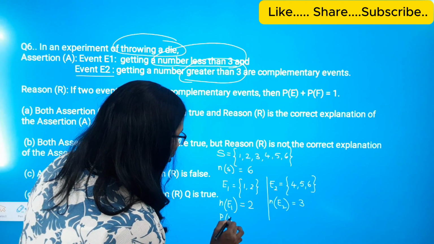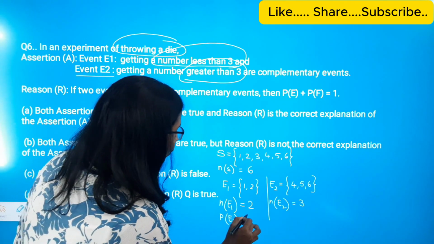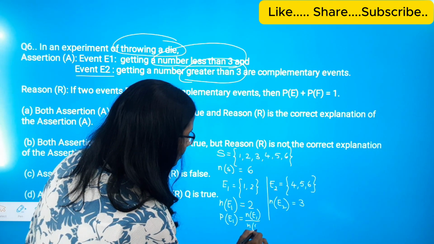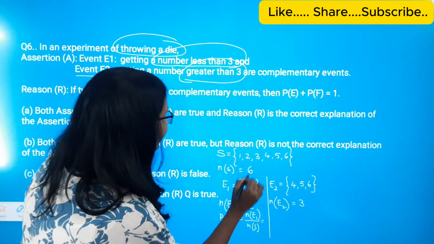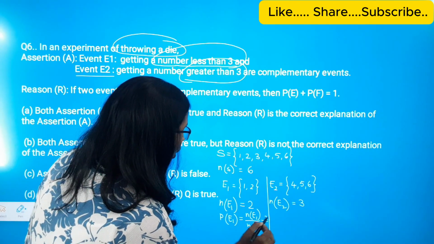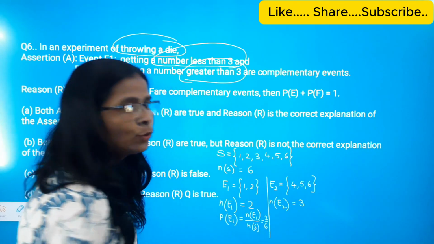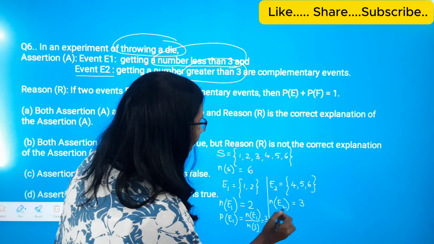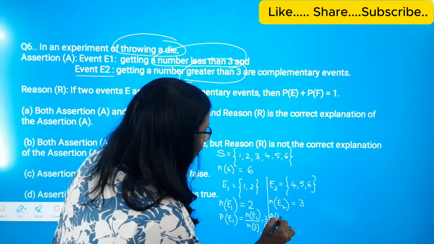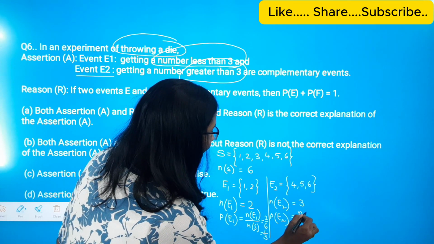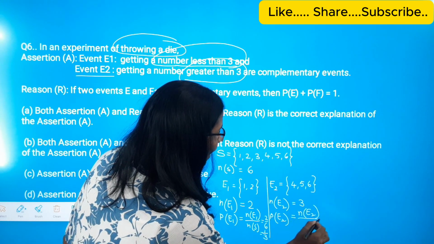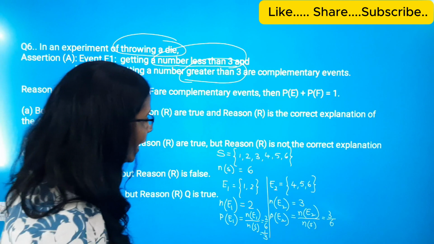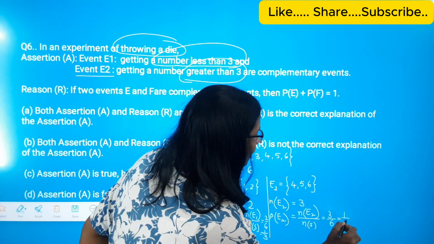Okay students, now the probability. The probability of E1 is equal to n of E1 upon n of S, so that will be 2 upon 6, which means 1 upon 3. And the probability of E2 is equal to n of E2 upon n of S, which is 3 upon 6, and that means it is equal to 1 upon 2.